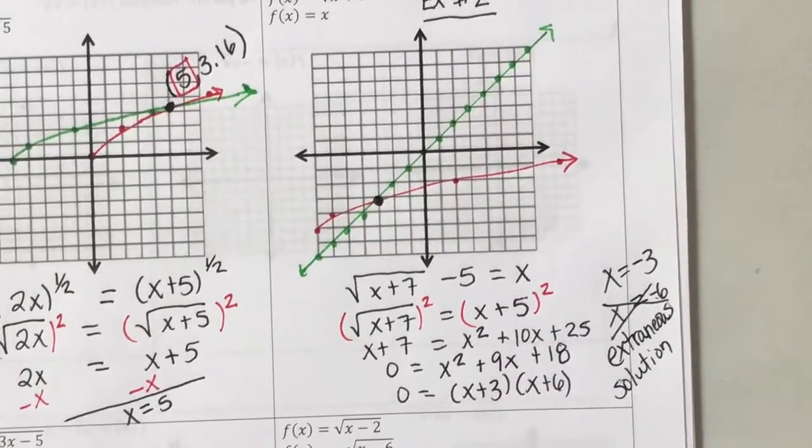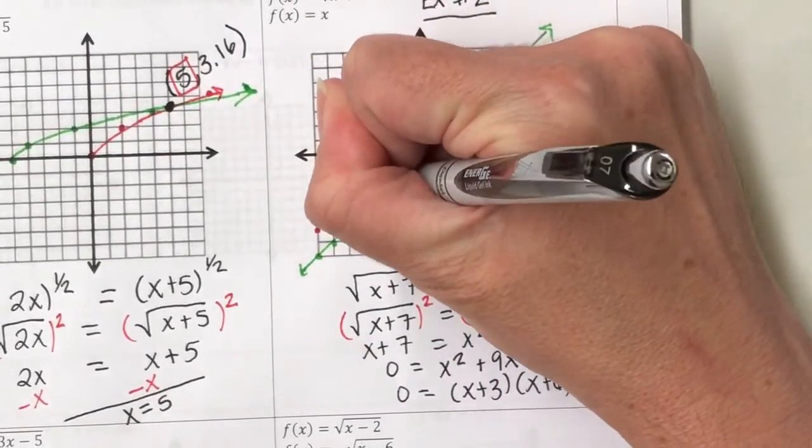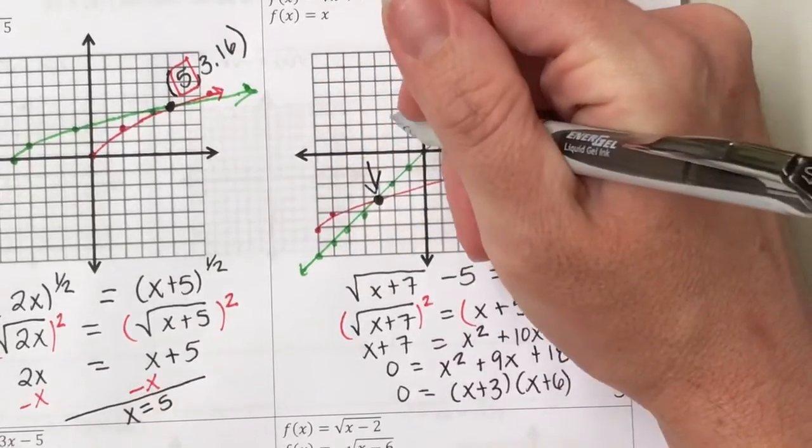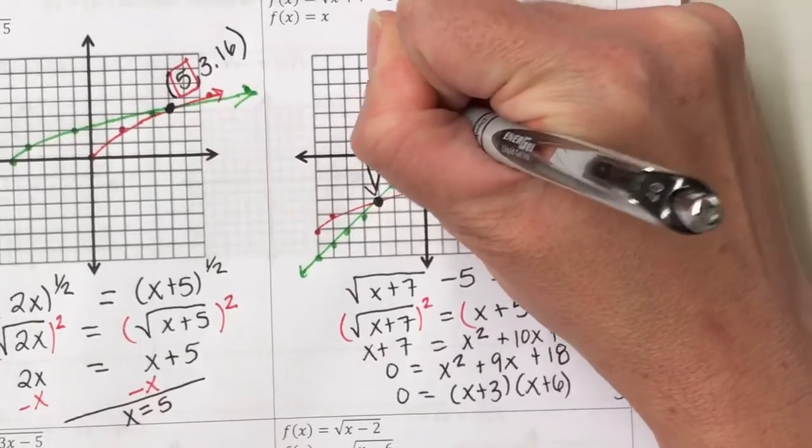Well, take a look at your picture. If you graph the function the square root of x plus 7 minus 5, and then you graph the line x, notice how that line and that square root only cross and meet one time. And the point that they share, the point where they meet, is the point (-3, -3).